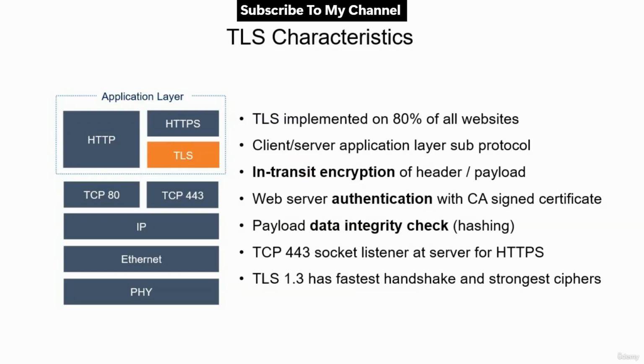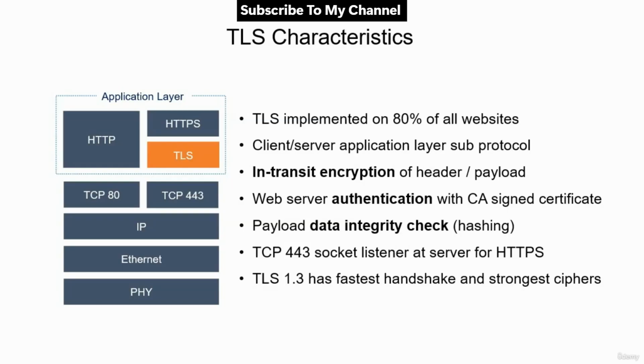TLS is an application layer protocol, so it exists within the application layer, but it is underneath HTTPS when it comes to the actual operation and call of encryption from the application itself, from the web browser. And TCP 443 is well known. It's TCP based, so it uses 443 as the application port. Then below that, you've just got the standard stack of IP, Ethernet, and physical layer.